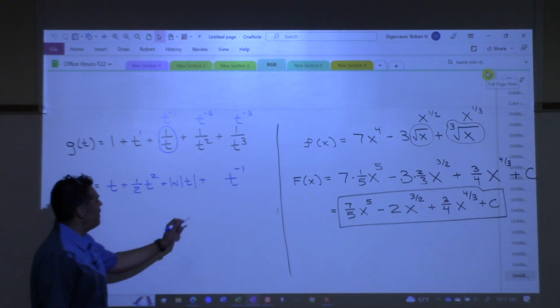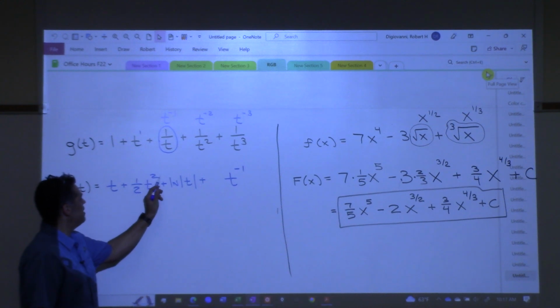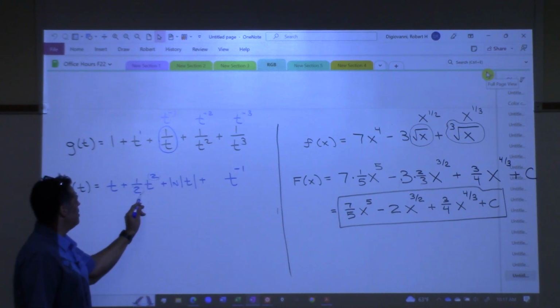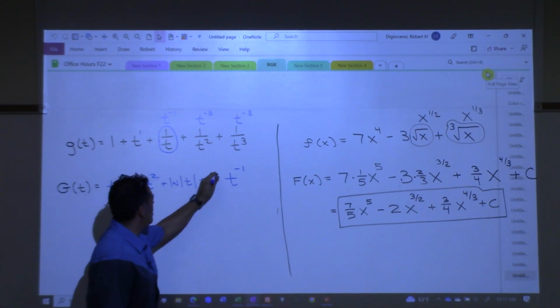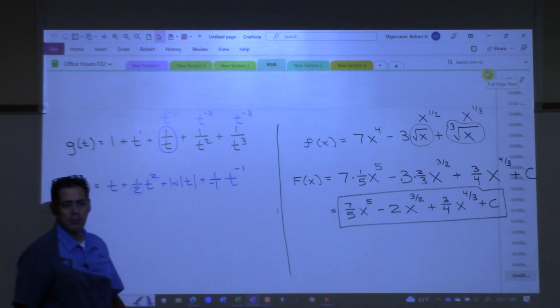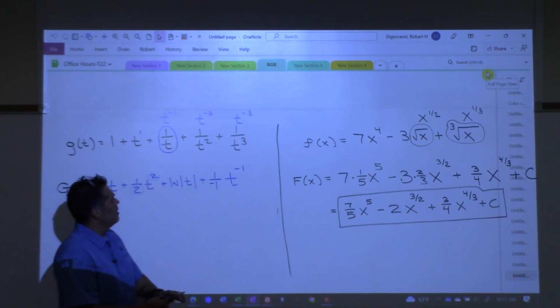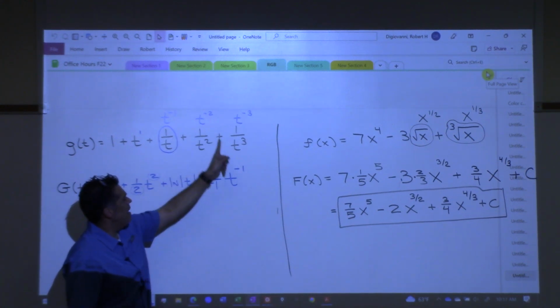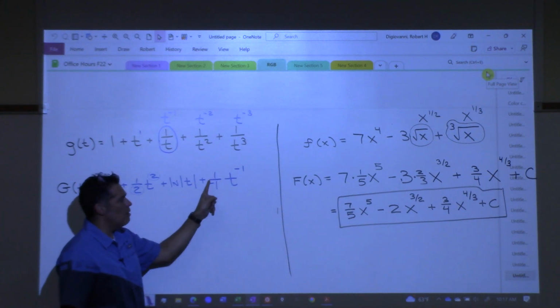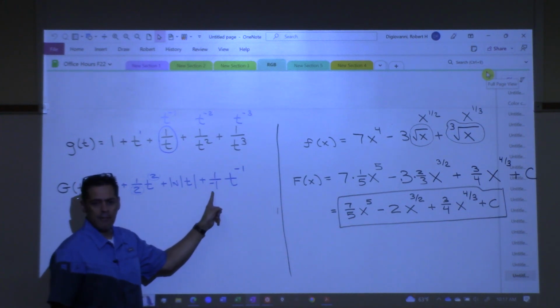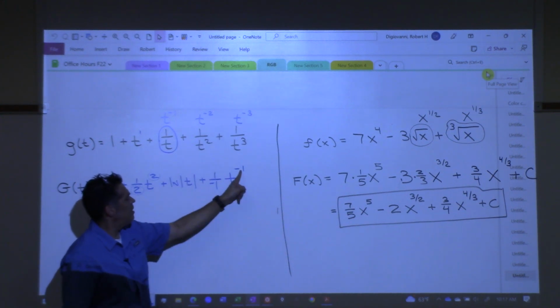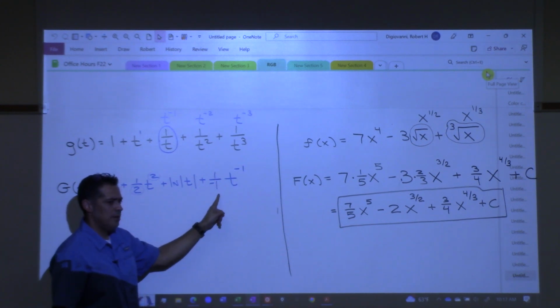Whatever the power is here is going to be the number on the bottom, so 1 over that number. So I put here 1 over -1. This is my n. That's n plus 1. This is 1 over n plus 1.